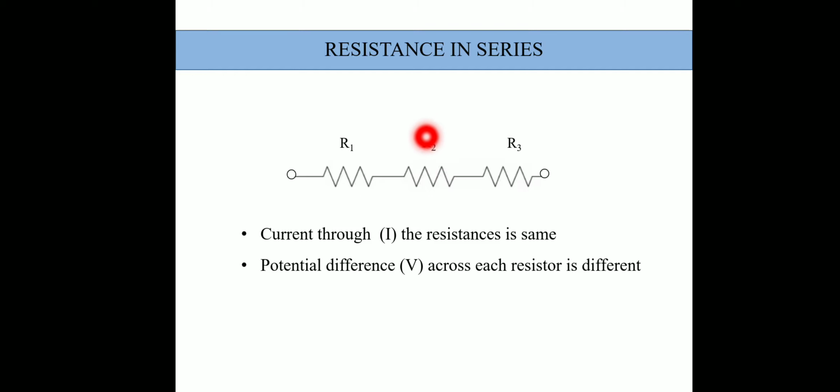If we look at resistance R2, what we will find is that the right hand side of resistance R2 is connected to resistance R3, and the left hand side of resistance R2 is connected to resistance R1. So both the left hand side and right hand side are connected to different resistances.